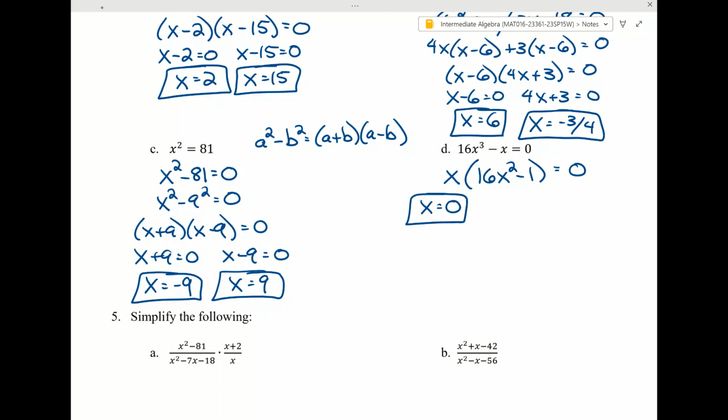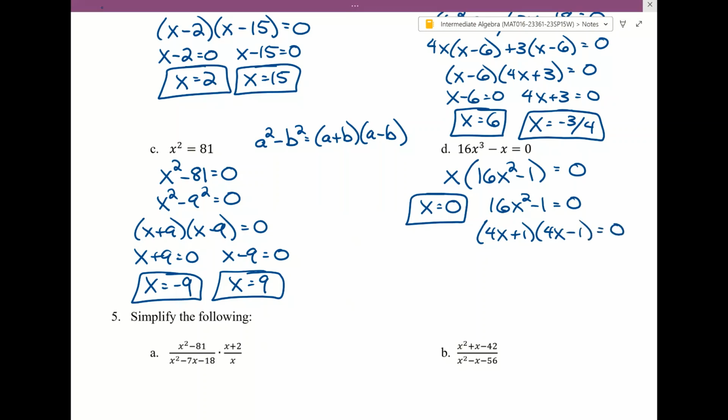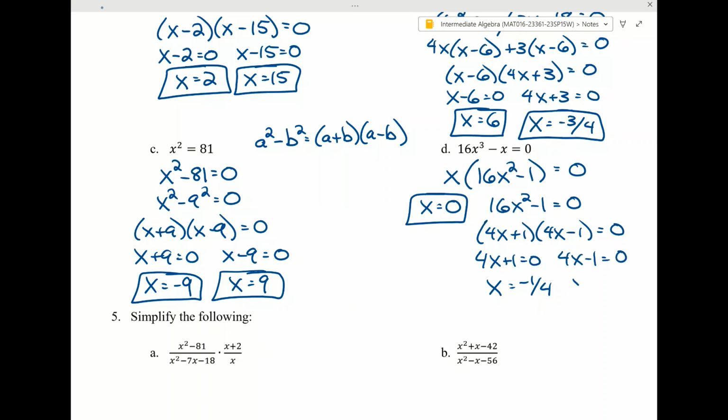So setting those factors equal to 0, we'd get, let's see, x is negative 1/4, and x is positive 1/4. We're supposed to get 3 answers because the highest power of x is 3. And we did. Doing okay so far?